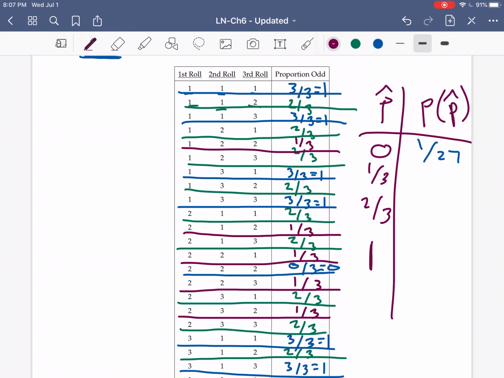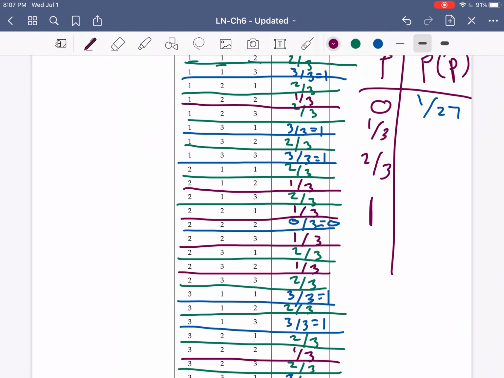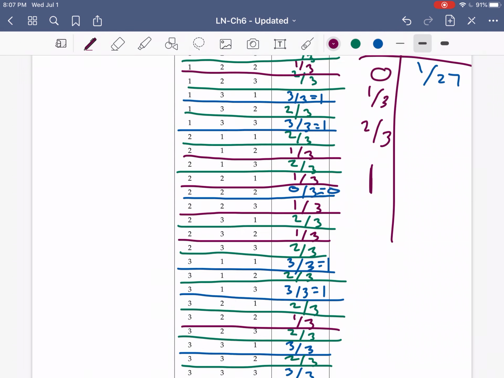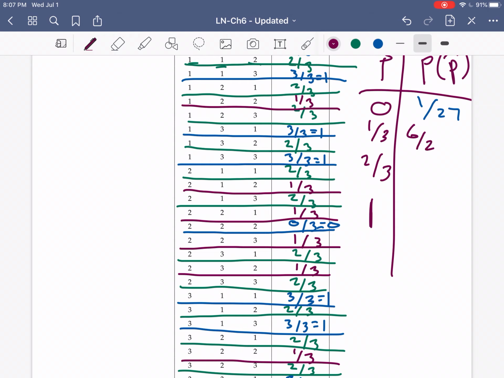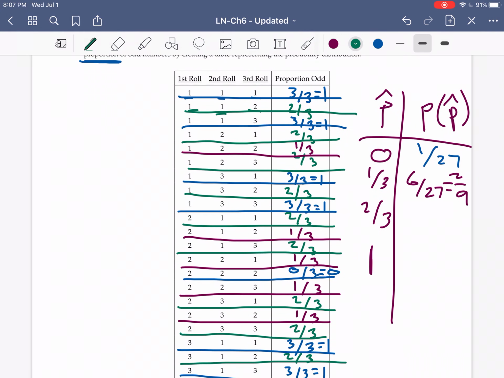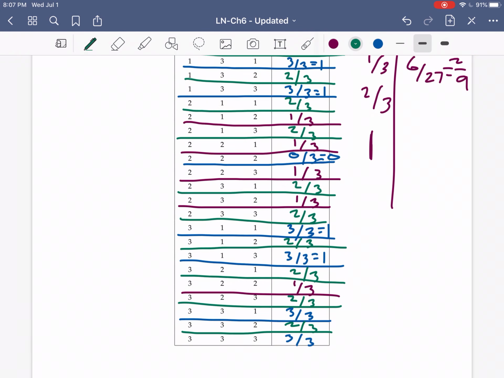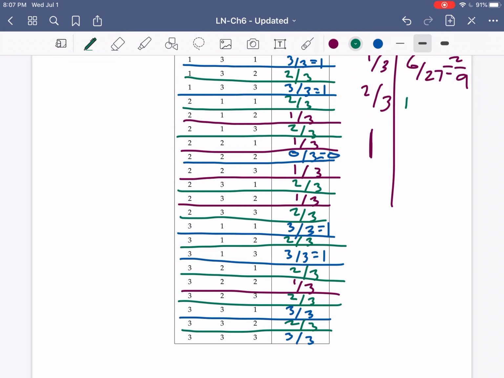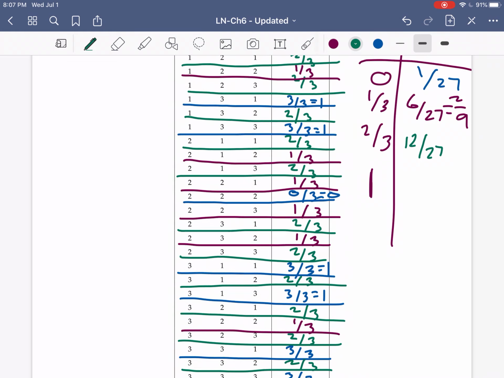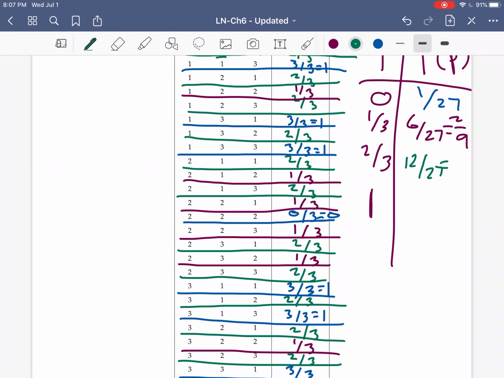That proportion of 1/3, that showed up 1, 2, 3, 4, 5, 6 times out of 27, or 2/9. 2/3, that showed up 1, 2, 3, 4, 5, 6, 7, 8, 9, 10, 11, 12 times out of 27, which would be 4/9.